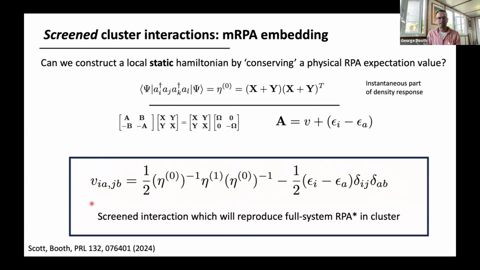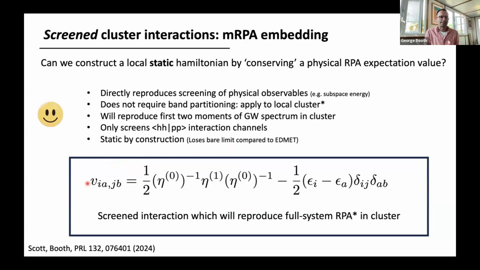That gives you a screened interaction, which will exactly and by construction reproduce the full-system instantaneous part of the density response at the level of RPA, projected into that subspace of interest. This has a few nice properties.